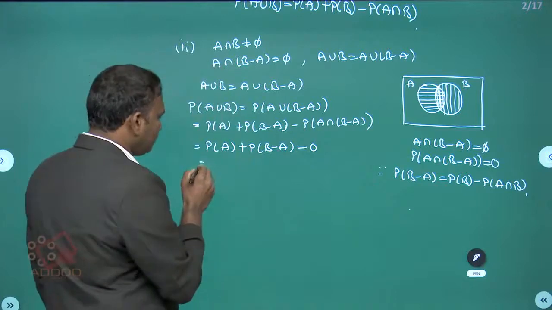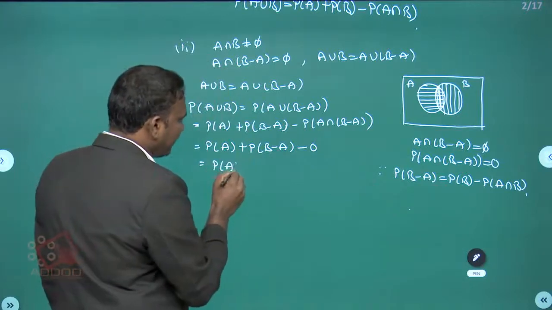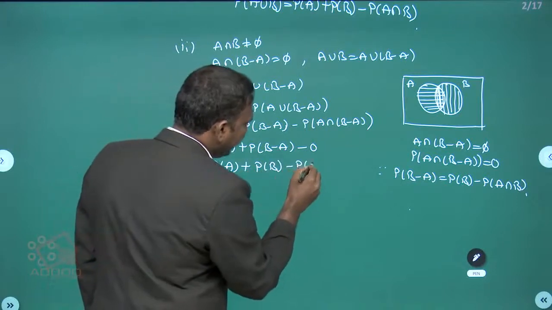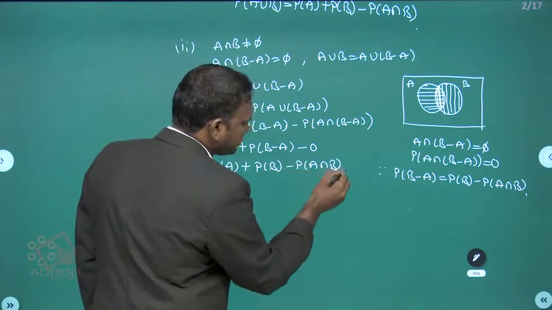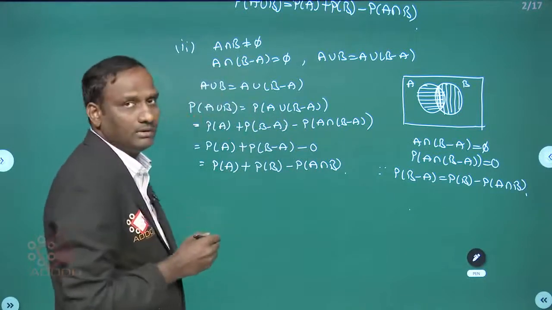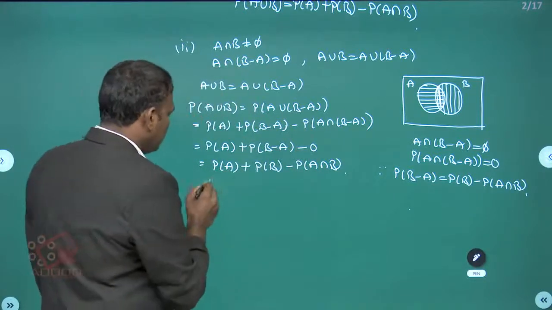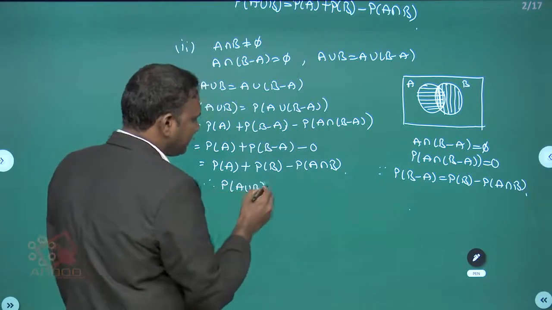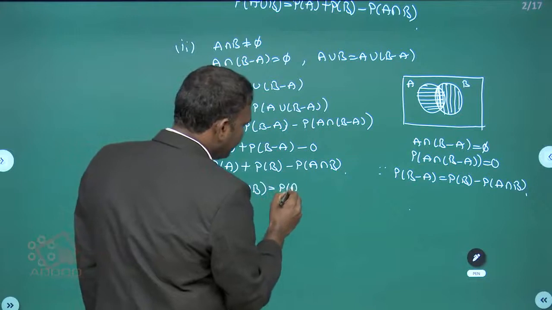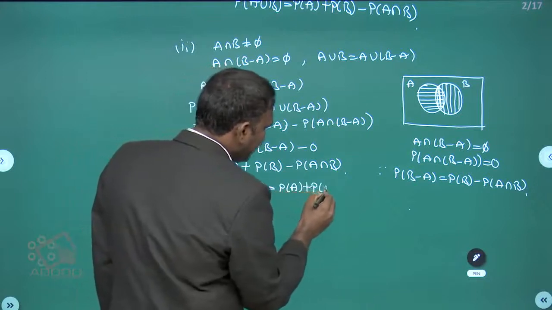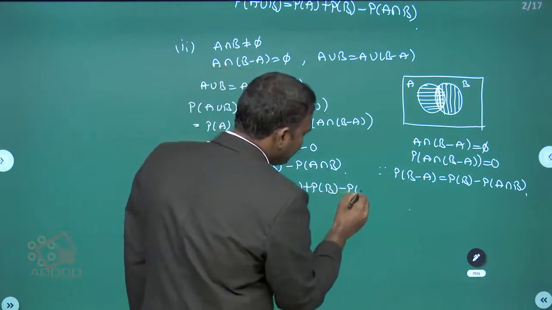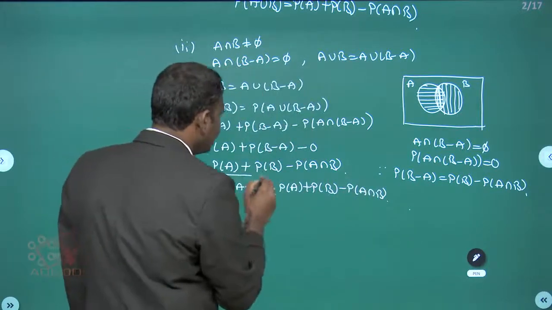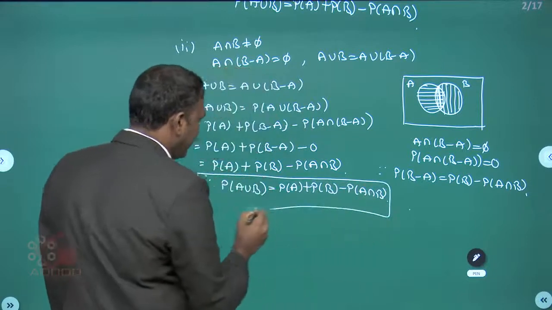So this equals P of A plus P of B minus P of A intersection B. Therefore, P of A union B is equal to P of A plus P of B minus P of A intersection B. This is the addition theorem on probability.